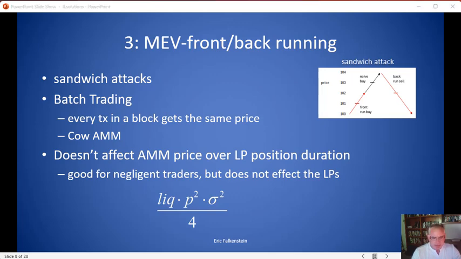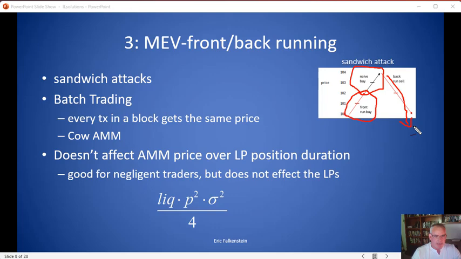The retail trader wants to make a trade, usually a big one, and it will move the price up 1%. What you can do is put a smaller trade in front of it. Pay to put your trade in front, and then he pushes the price up, and then you sell out. By the end of the block, you're flat, and you made a little money off of this guy. So that's not nice. If you can come up with mechanisms to eliminate that, that's good for your traders.